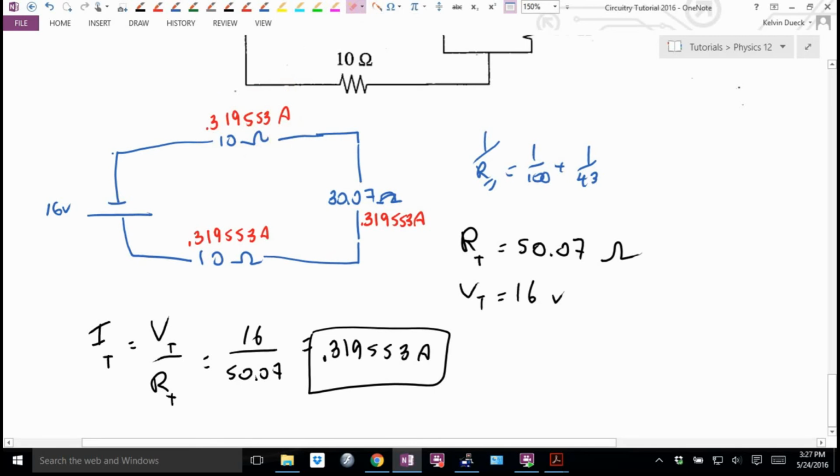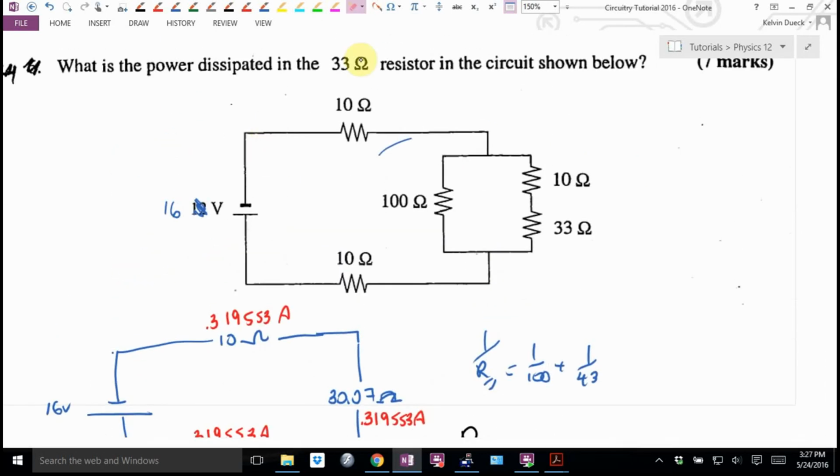Please tell me you don't need a calculator to multiply it by 10. 3.19553. So up here, 3.1955, always put the units, 3.19553 volts.